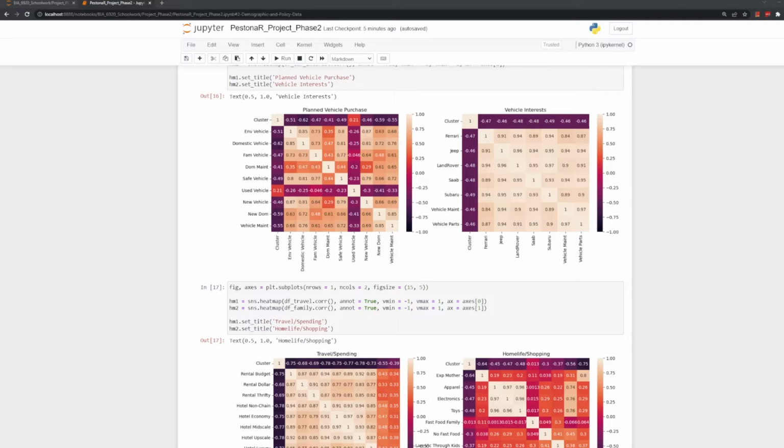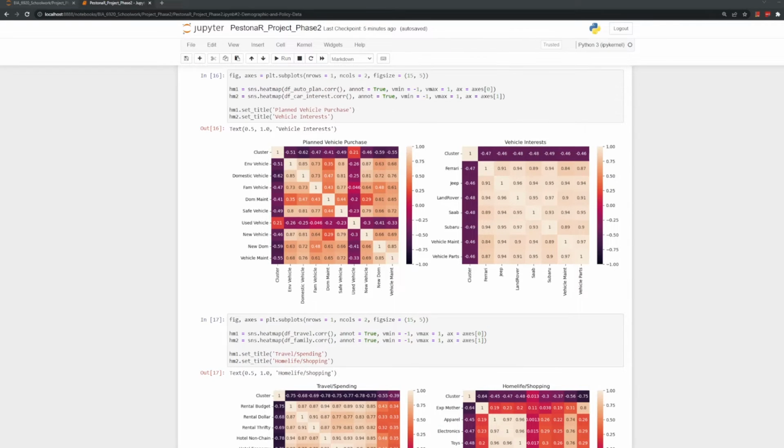And so here in the graphs, we have clusters in the first row and first column with their correlations to these other fields. We can see that planned vehicle purchases and an interest in vehicles and maintenance and vehicle parts isn't a super strong indicator of what cluster we ended up placing these individuals into.